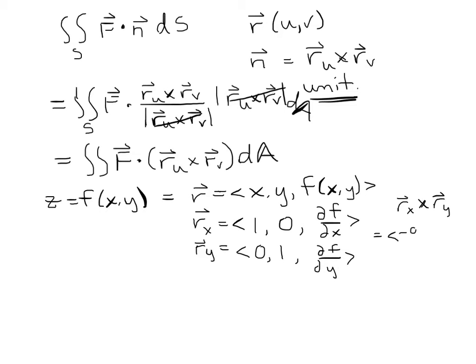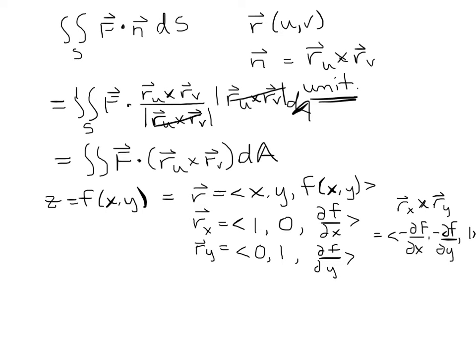So minus partial of f with respect to x. For the y component, I get partial of f with respect to y minus 0, but that is a negative component. So negative partial of f with respect to y. And then for the z component, I get 1 minus 0, so just 1. And then we have to put a little vector symbol. There we go.